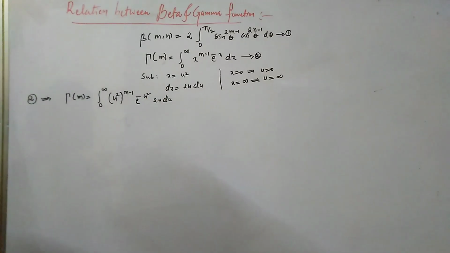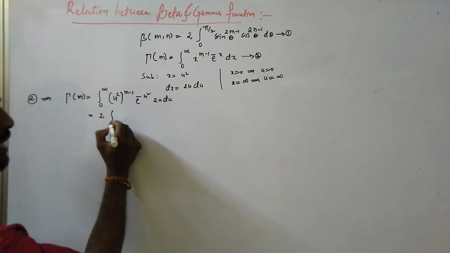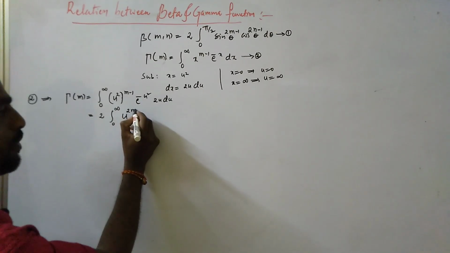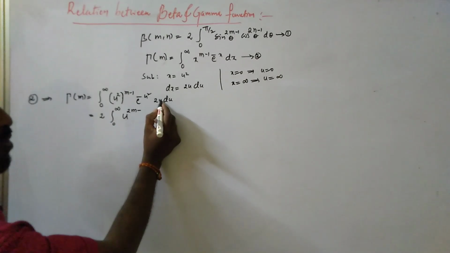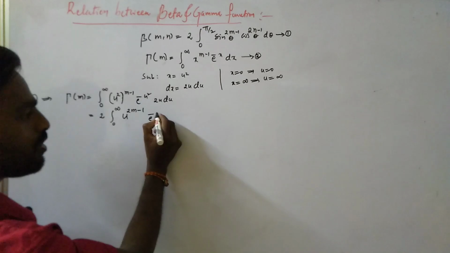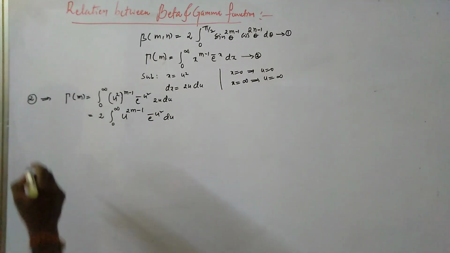Here 2 is a constant, so it is 2 into integral 0 to infinity u to the power of 2m minus 2 plus 1, that is 2m minus 1, e to the power of minus u square du.